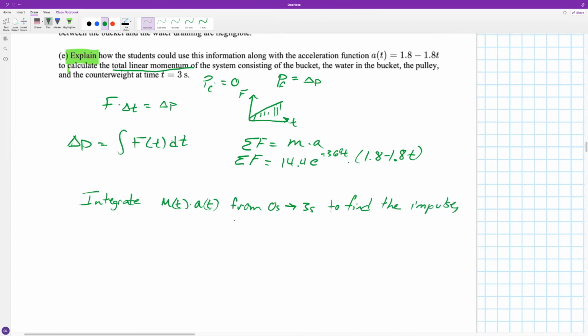The impulse on the system is the change in momentum, which is the change in momentum of the system.